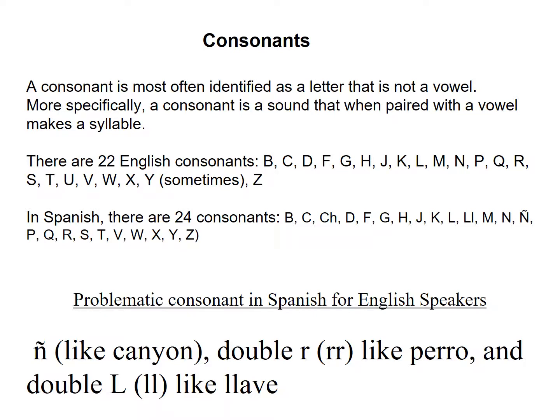To pronounce the double R sound properly, one needs to roll his or her R's. For example, the word carro, Car, or the word tres, 3. Ll is pronounced like a J. For example, llave, Key, or lluvia, Rain.